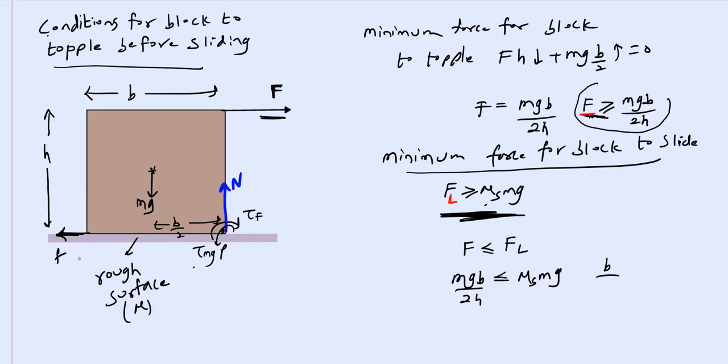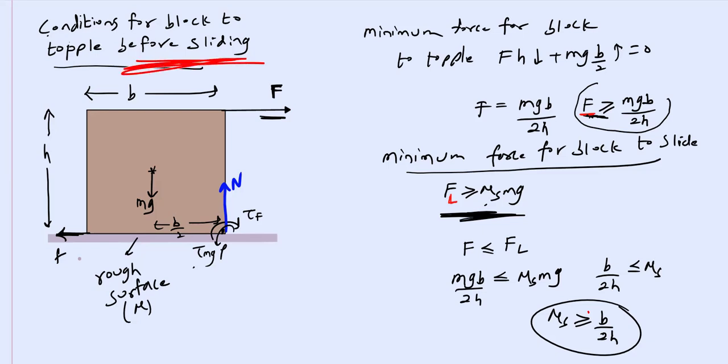So this will become b by 2h. So what is the condition now? Mu s greater than b by 2h. If this condition is satisfied, then the block will topple before sliding.